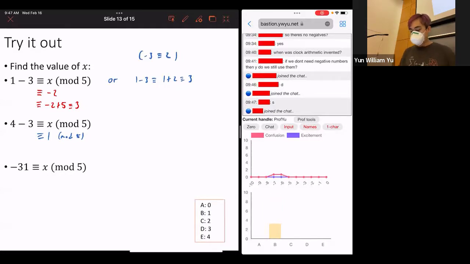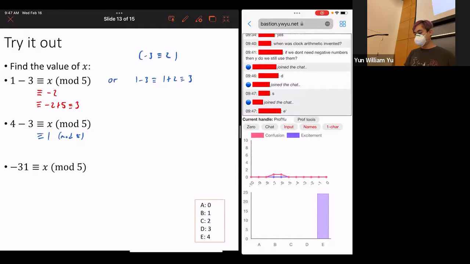What's negative 31? What does that equal mod 5? Okay, so it looks like I wasn't able to trick you all. That was the goal, but I failed at that. That's all right. You have to be a little bit careful when you have negative numbers because you need to add a positive number big enough to make it circle around.